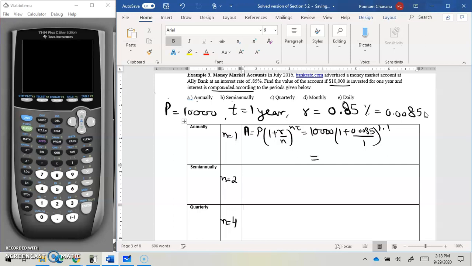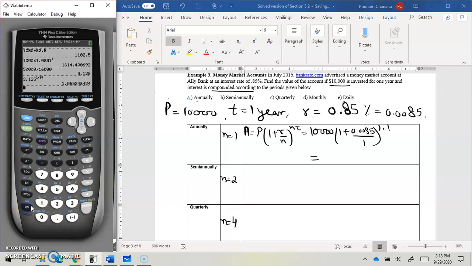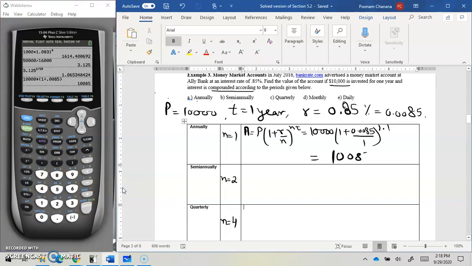So we can calculate that using our calculators. So it will be 10,000 times 1 plus 0.0085. So we have 10,085. So the amount for compounding annually would be this much.